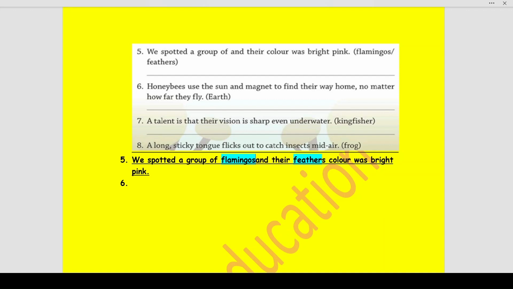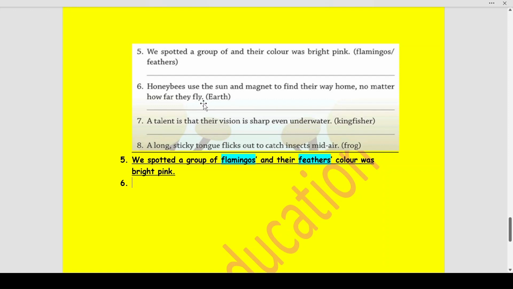Because we will have an apostrophe after S, because the plural form of flamingo is flamingos, ending with S, therefore apostrophe after it. And feather, plural is feathers. So it is ending with S and the feathers' color was bright pink.